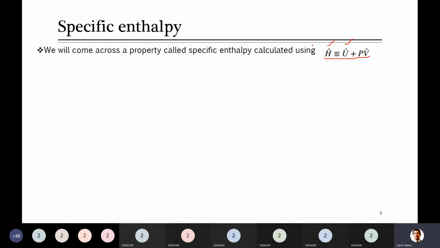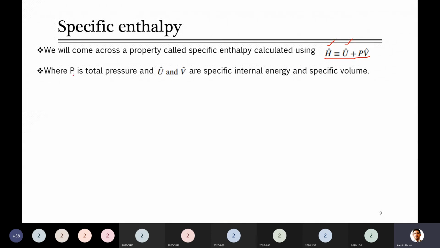In a lot of calculations we use this enthalpy term, because to do some calculation we need some information, and that is available in the literature easily. So in the equation we are going to write today for this open system energy balance, we will also use this enthalpy term to simplify our equation.